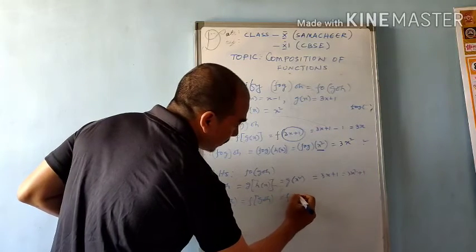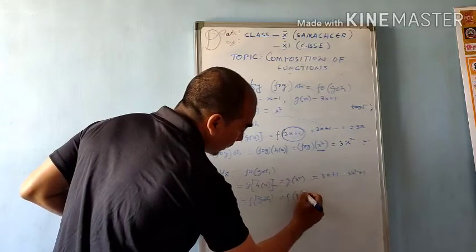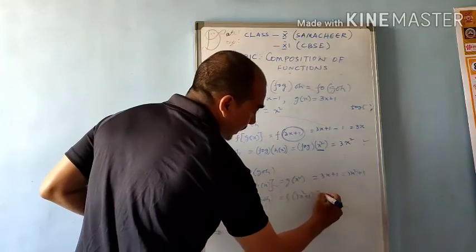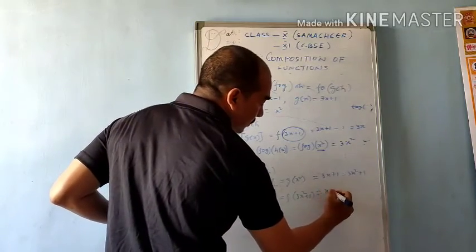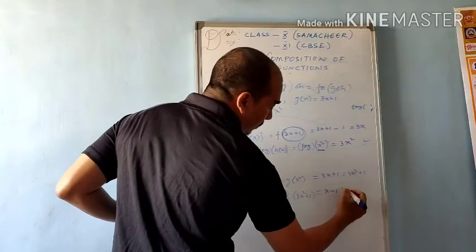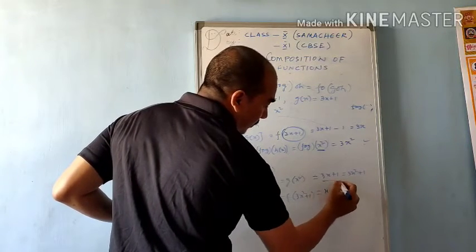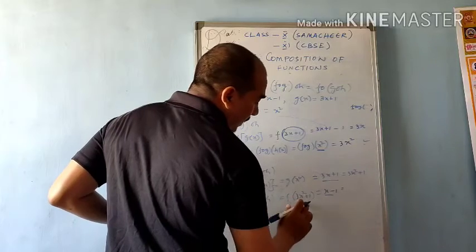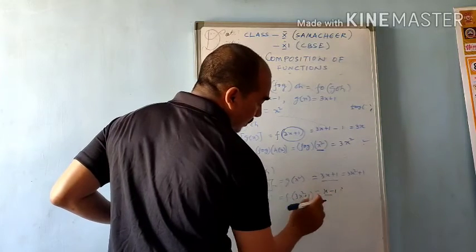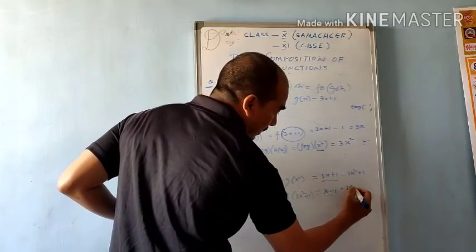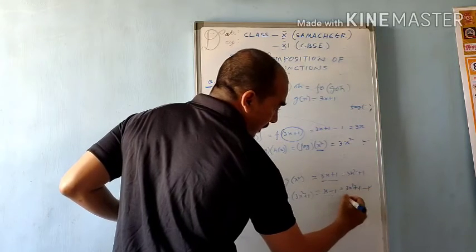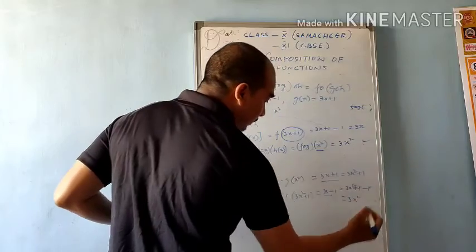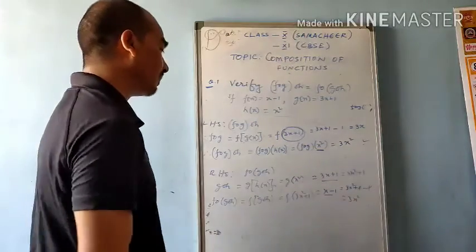So g o h value is already 3x square plus 1. Then this becomes f of x. f of x value is x minus 1, this is the formula. So what is the x value here now? 3x square plus 1 minus 1. So plus 1 minus 1 cancel. What is the answer now? 3x square. So we got the answer here.